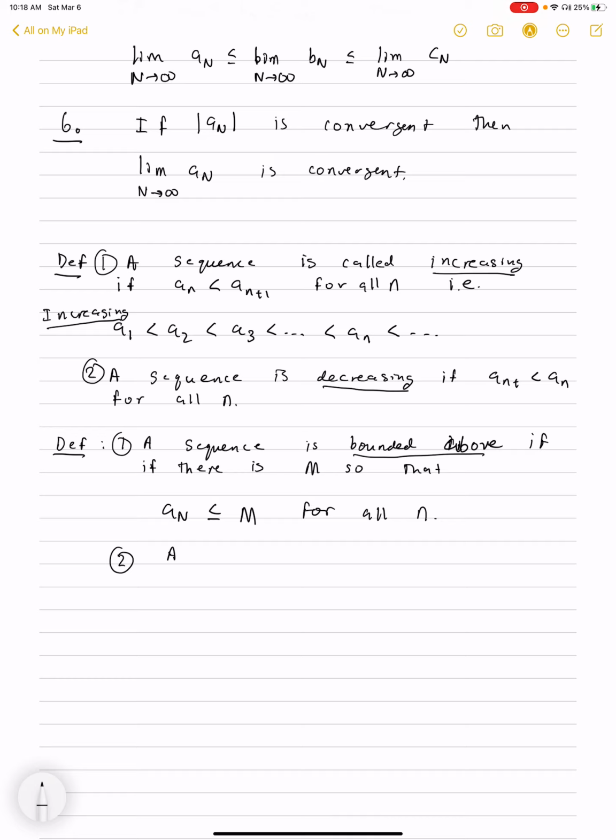Now a sequence is bounded below if I just change this inequality.